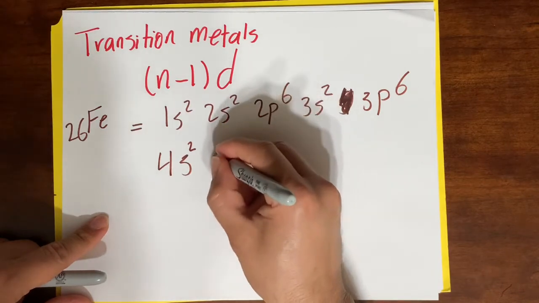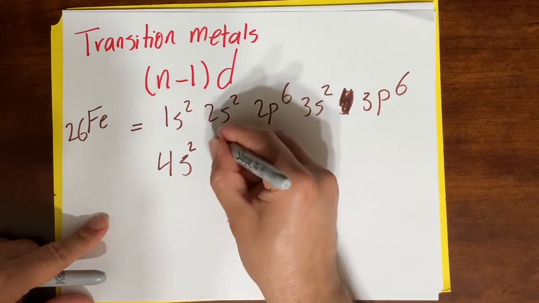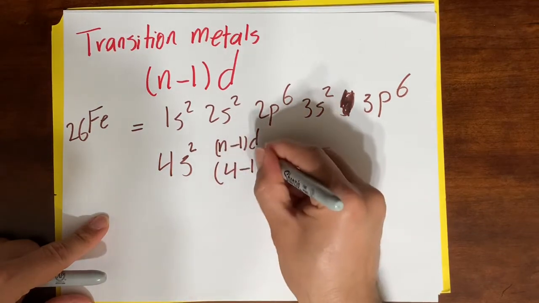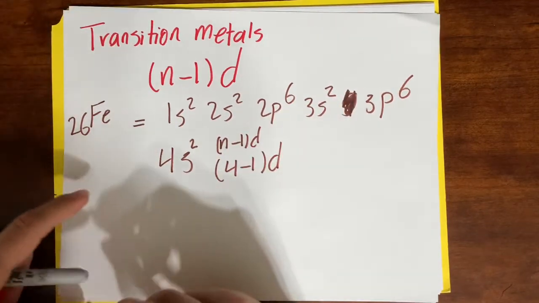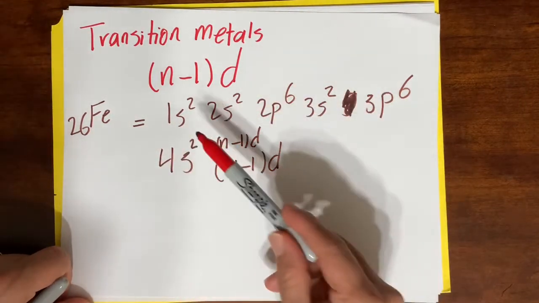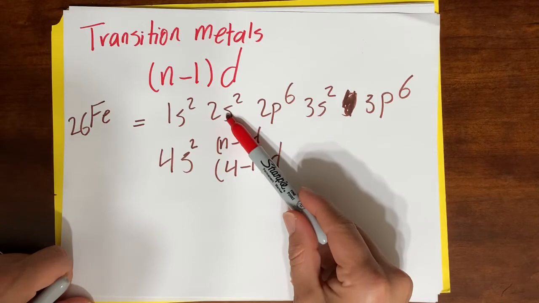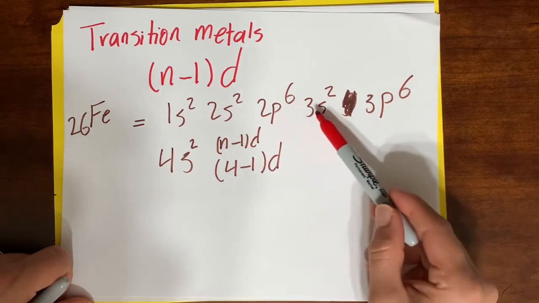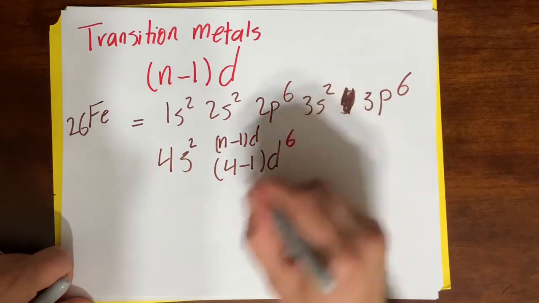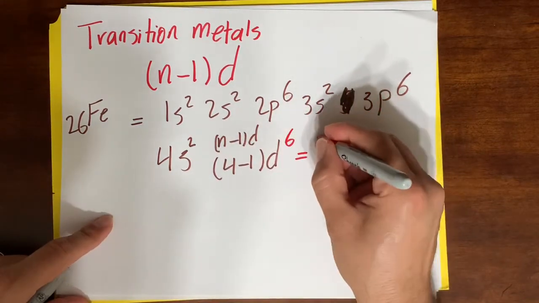Now n minus 1 d, so it will be 4 minus 1 d. In total I have 26 electrons. I use 2, 4, here 10, 18, 20, so I'm left with 6 electrons, so the last orbital will be 3d6.